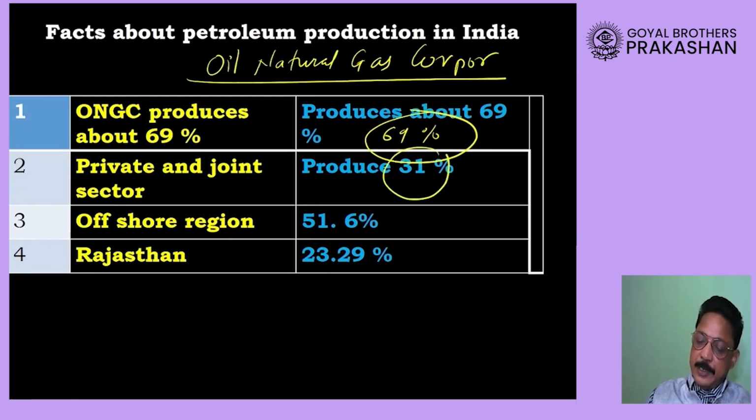They are producing around 31% of petroleum and petroleum products. Offshore, that means away from the seashore, dear students, we are finding around 51.6% of petroleum, and in Rajasthan alone 23.29%, which is a very high percentage of petroleum found in our country India.